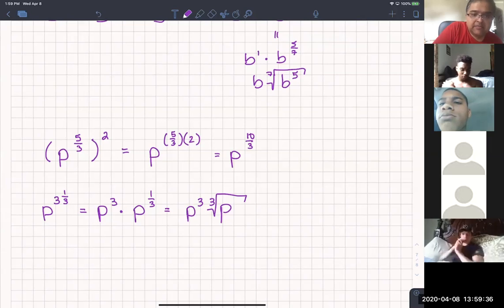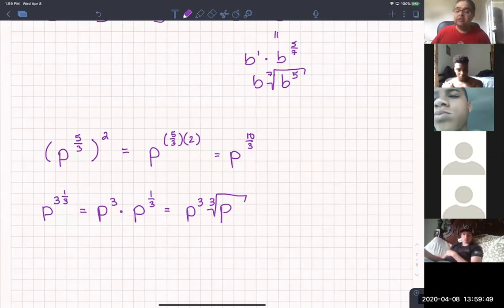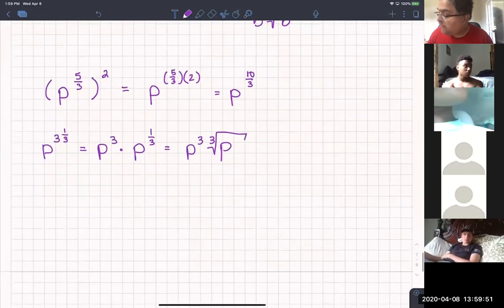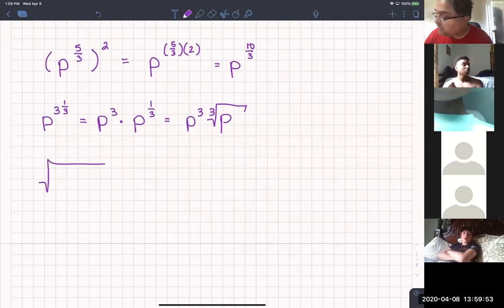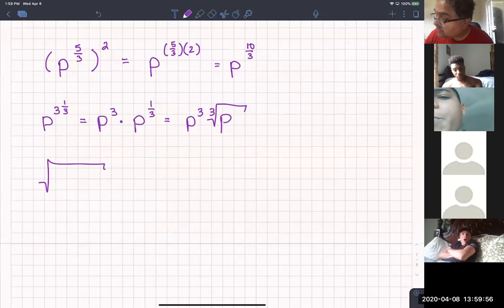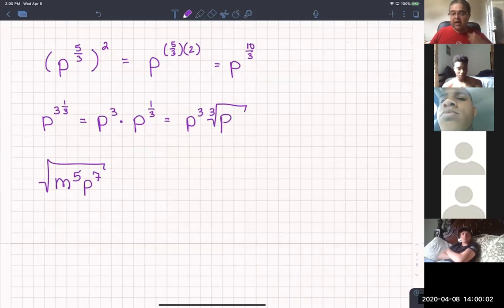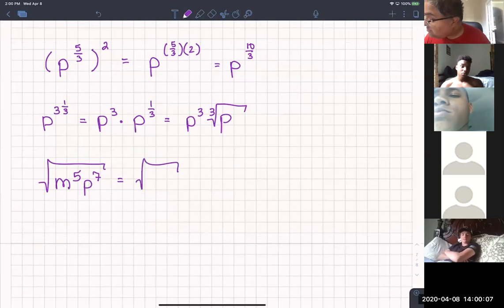Any questions? Now, you can also use this with your square root property. So say, for example, you have something like this. So remember I told you to break it up and do all that other stuff? You would first break it up.